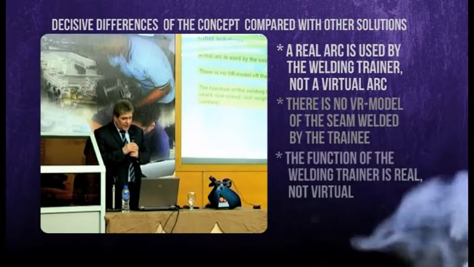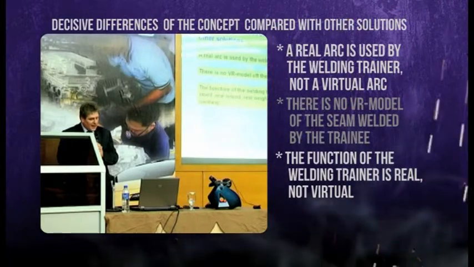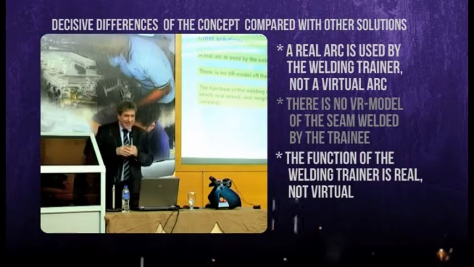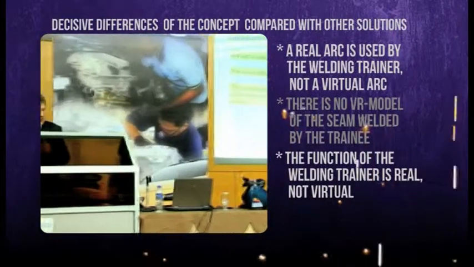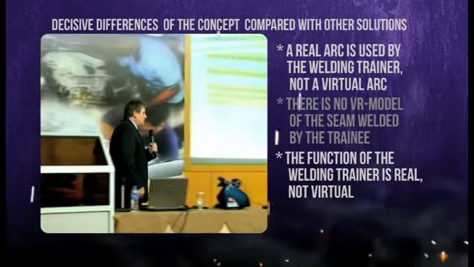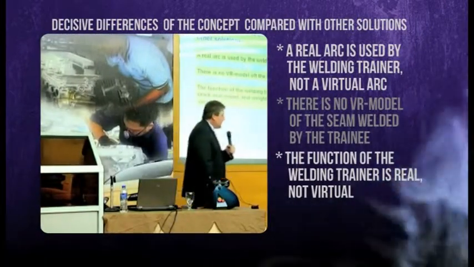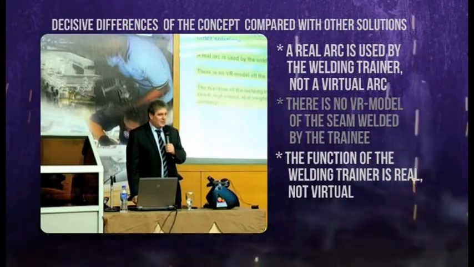The function of the welding trainer is real, not virtual. We have a real arc, a real smell, real sound, the real weight of the torches, because we have real torches. So we call it the real feeling of welding without welding. And this was the target of our simulation.